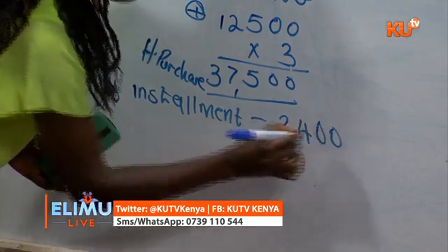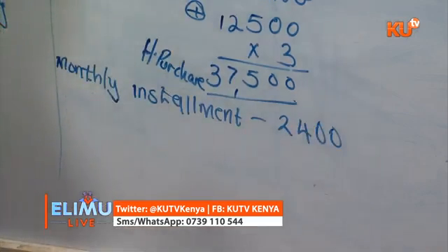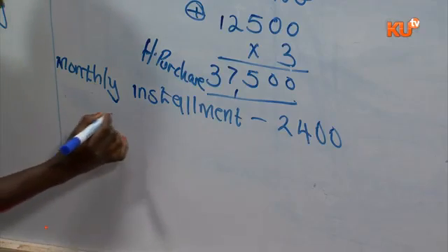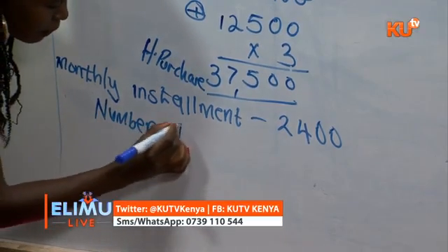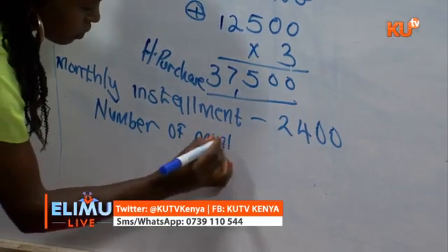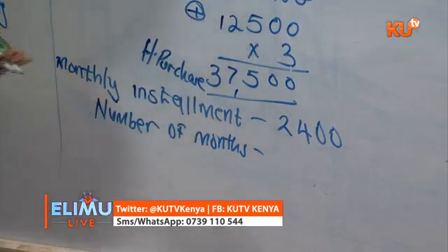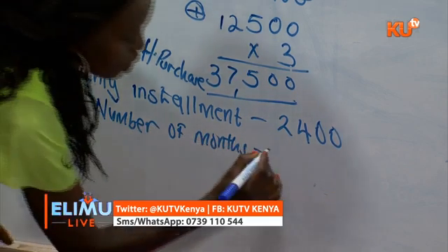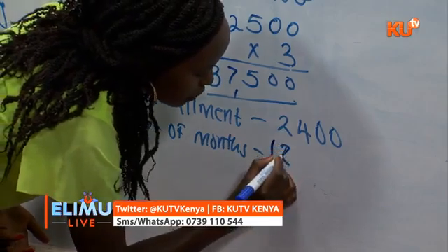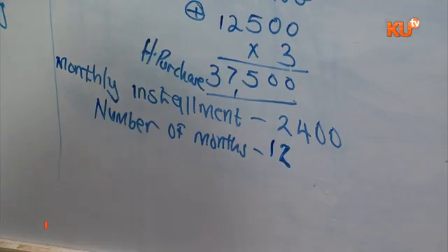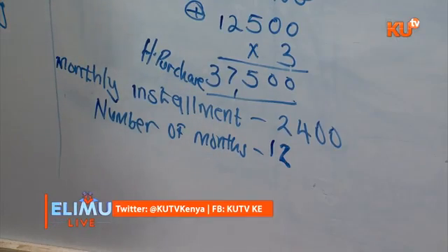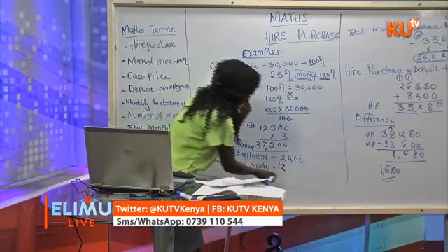And then we are told that he paid this for 1 year. So number of months. A year has 12 months. So the number of months was 12. So he paid the 2,400 for 12 months.